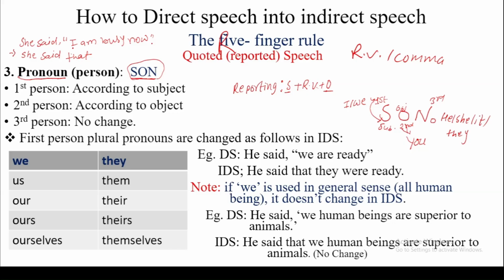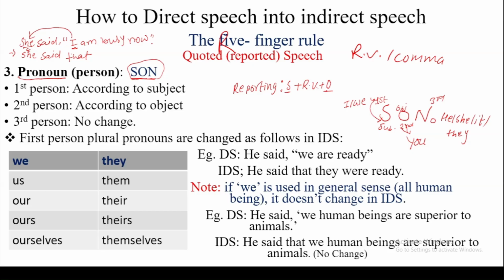Now the third step is the pronoun I. This pronoun will change according to the subject. I is a pronoun of first person, and it should be changed according to she, the subject. She is the subject here in the sentence.